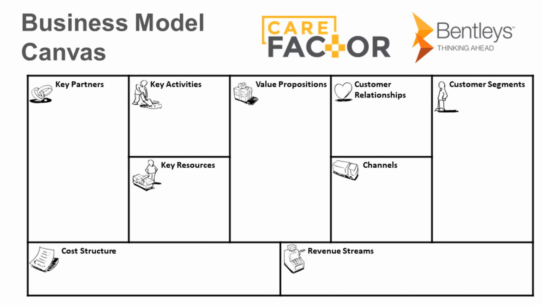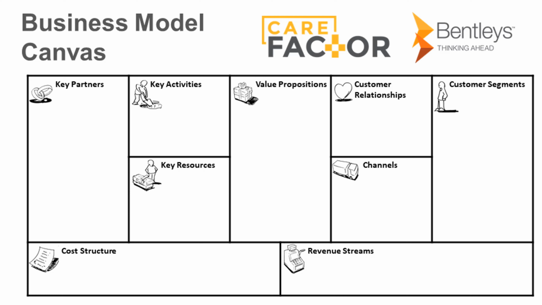Value proposition is how you solve a customer problem and satisfy customer needs. Then there are the channels you use to reach those customers and deliver the value proposition. Value propositions are delivered to customers through communication, distribution, and sales channels. It also describes the relationships that you have with your customers.